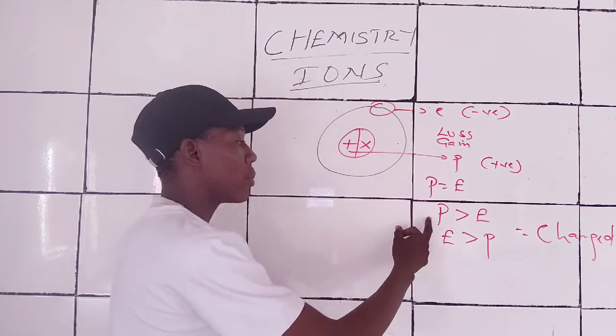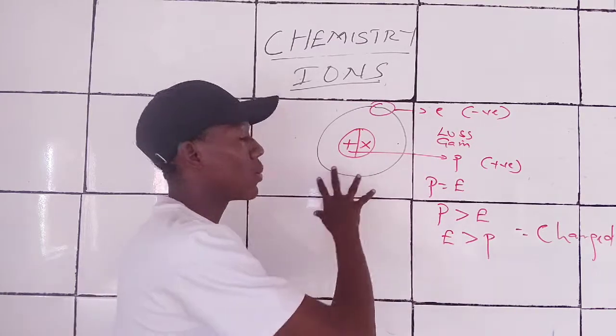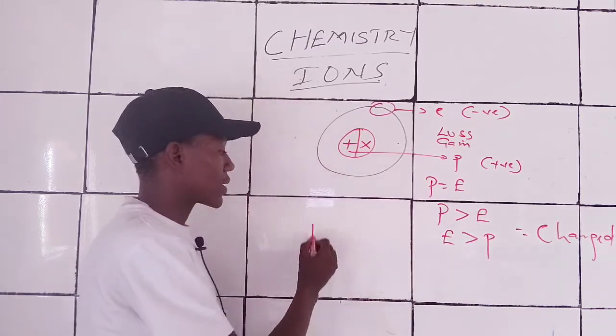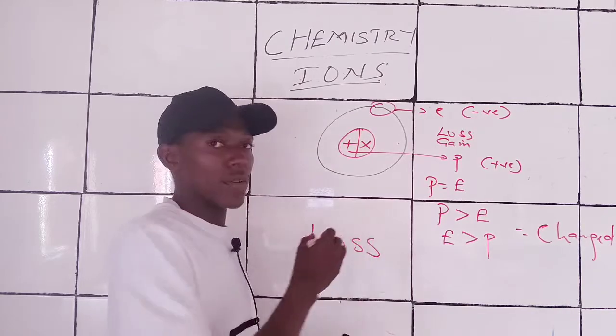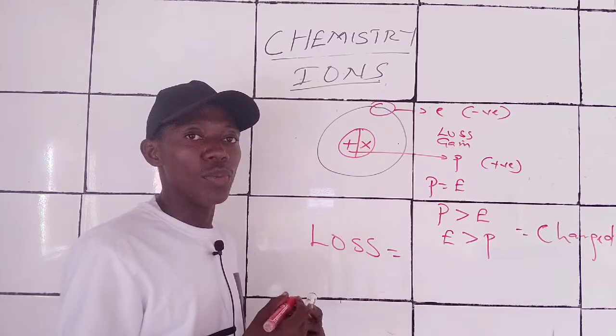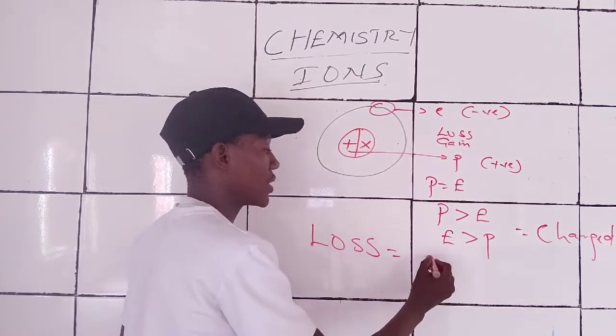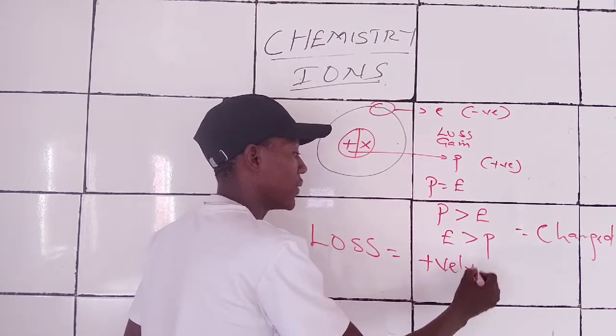Now what happens if the electron is lost? If an atom loses an electron, the protons will be more than the electrons. Because the proton is positive, the atom is going to be positively charged.